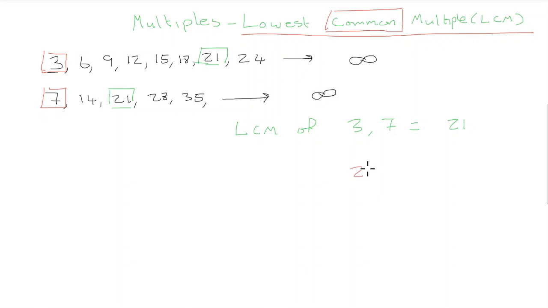So if I have 21 and I divide it by 3, that's going to be equal to 7. And if I have 21 and I divide it by 7, it's going to be equal to 3. So the lowest common multiple is the lowest multiple that's common to both of the numbers. So this is an example of where we have the lowest common multiple.